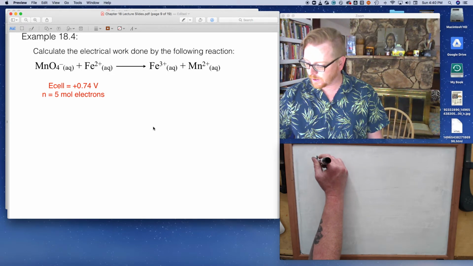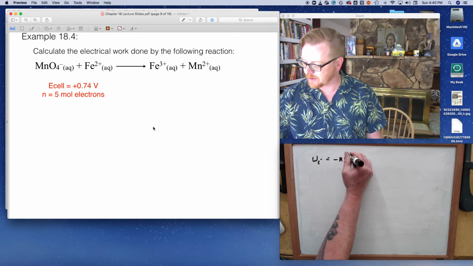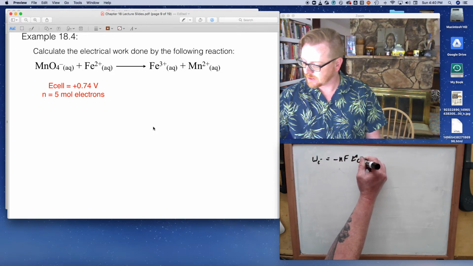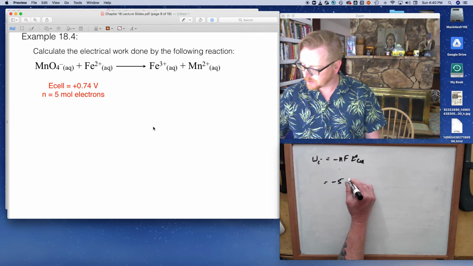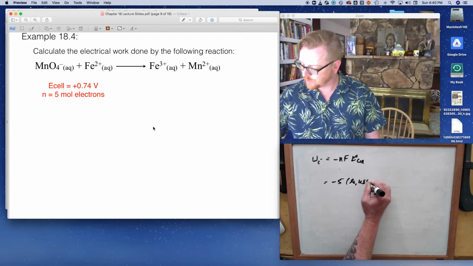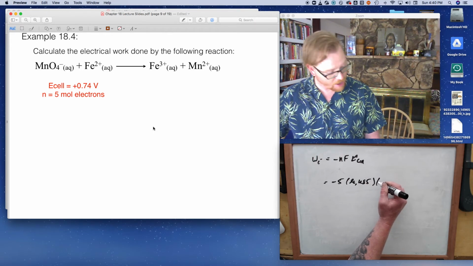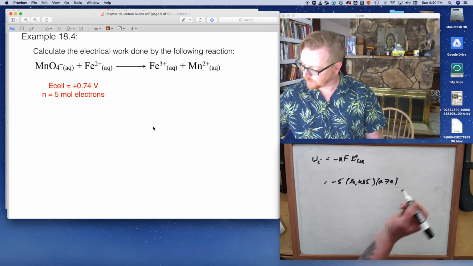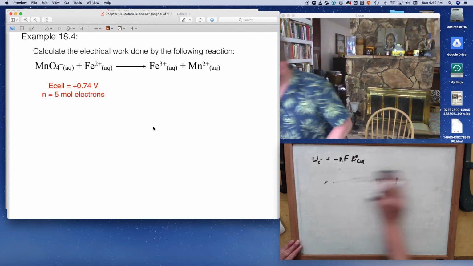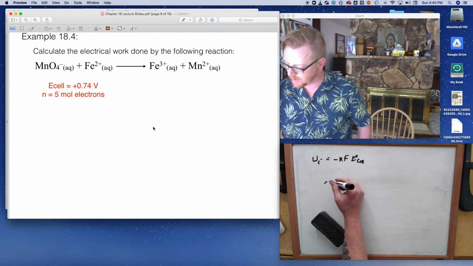Work done by the electron equals negative NF times E cell. So that's negative 5 times 96,485 times 0.74. I'm doing a really bad example here with units. Let's try that again.